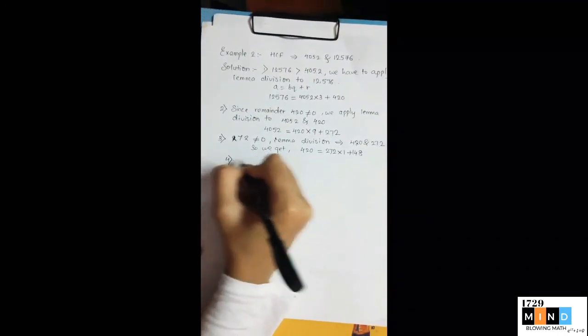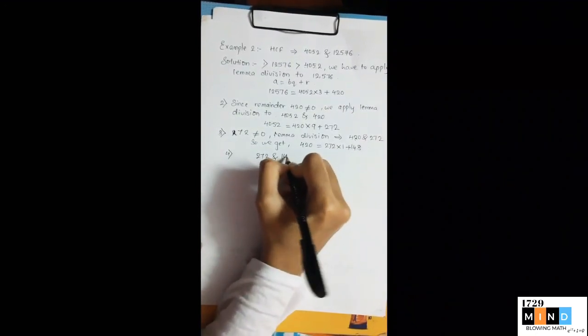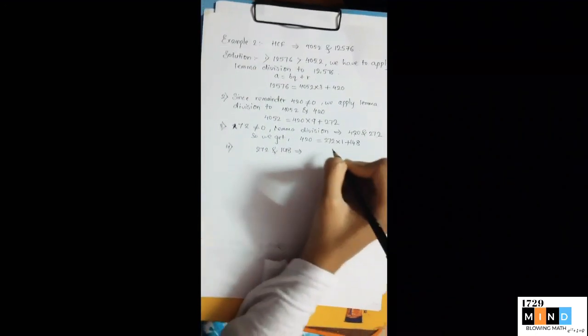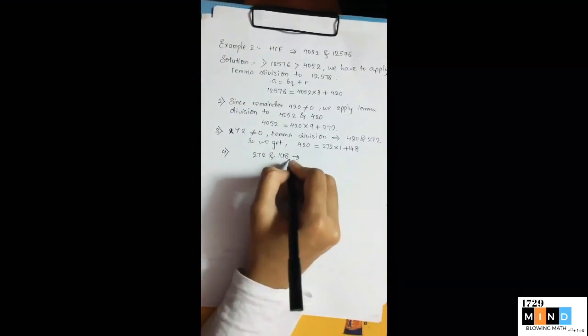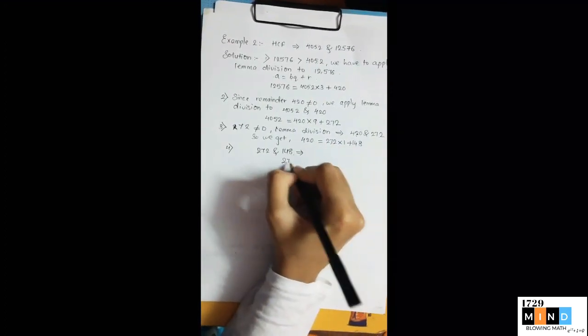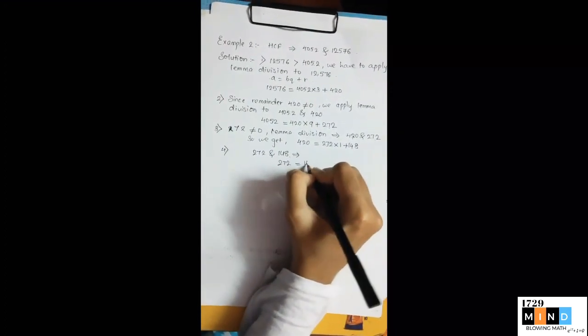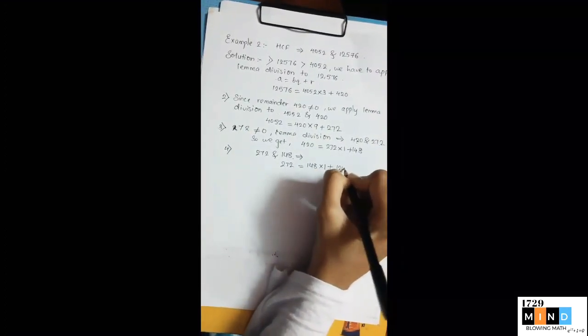So here the new numbers we get are 272 and 148. What is the a is equal to bq plus r form for 272 and 148? It is 272 is equal to 148 into 1 plus 124.